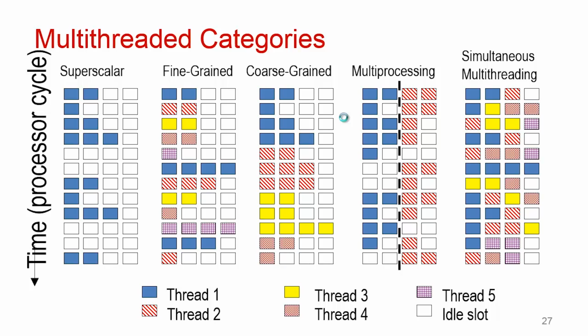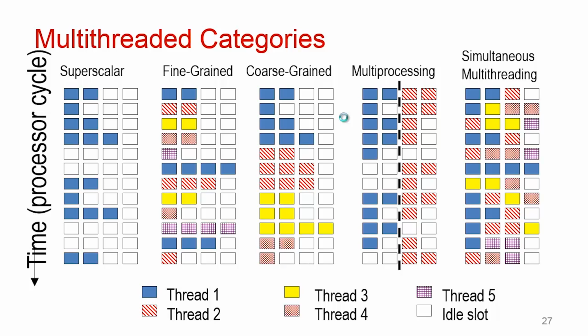Now, compared to these 2 approaches, if you look at simultaneous multithreading, shown in the rightmost part of your figure, you find that you have multiple threads combined together and executing simultaneously in the same clock cycle. In the same clock cycle, the blue and the red threads are combined together, or the blue, the yellow and the brown threads are combined together.